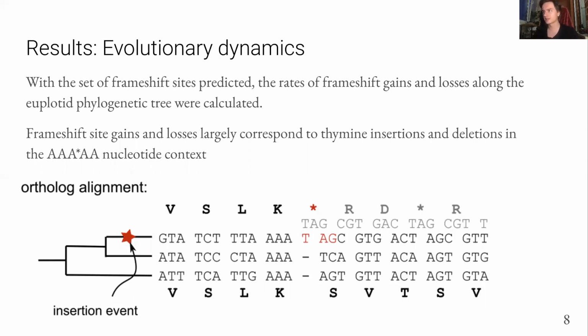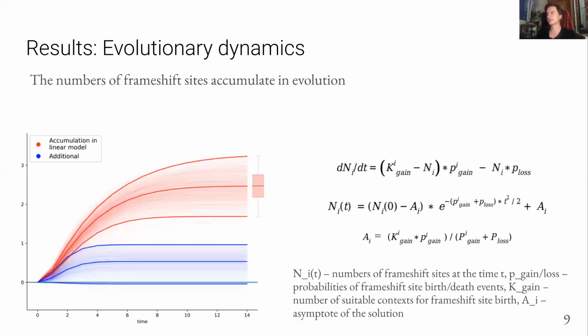And so we study the evolutionary dynamics. We see that most of the frame shifting sites arise by insertions of thymines, which yield these stop codons, and they are lost by the corresponding deletions of thymines. This situation accounted for about 70% of frame shifting site gains and losses.